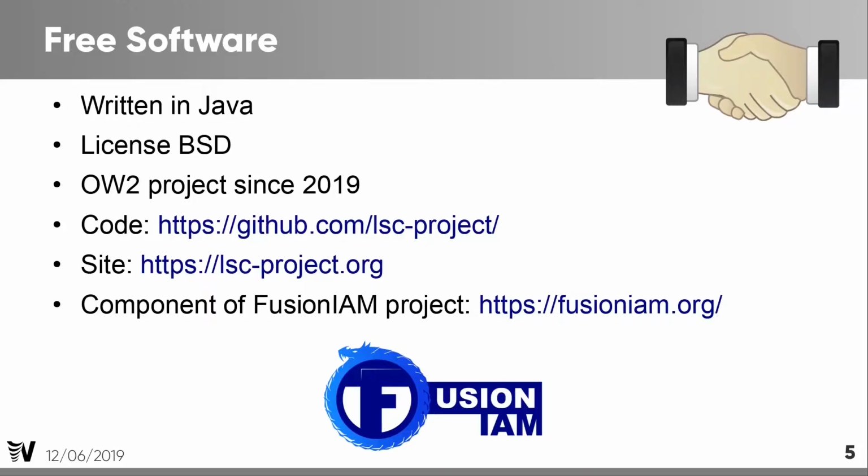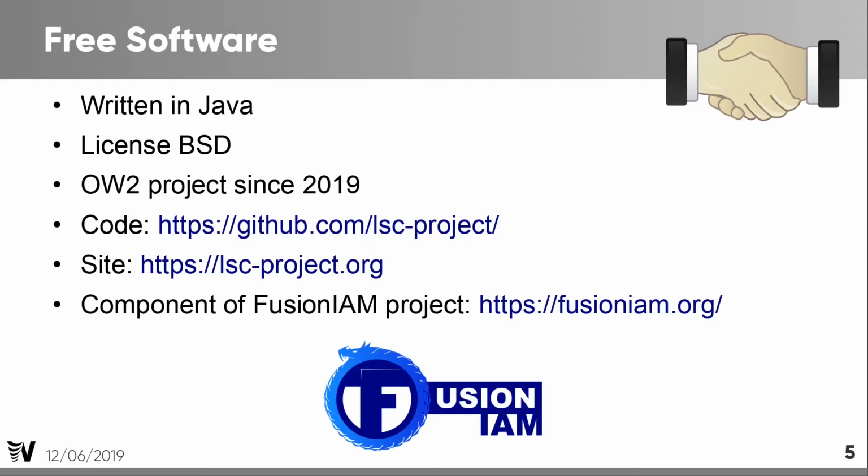Now, ADAPT Synchronization Connector is a free software, of course. It is written in Java under BSD license, and is part of the OW2 community since last year. You may have already heard about Fusion IAM, which is a collection of tools about identity and access management.